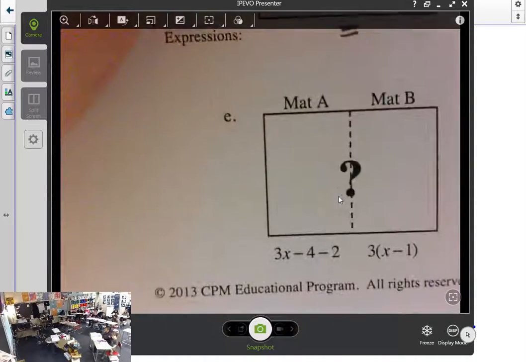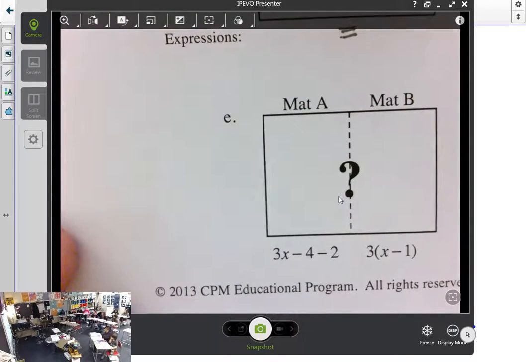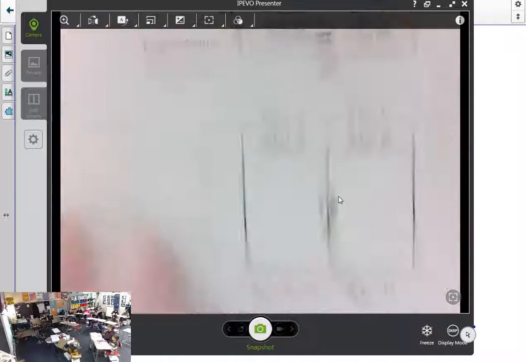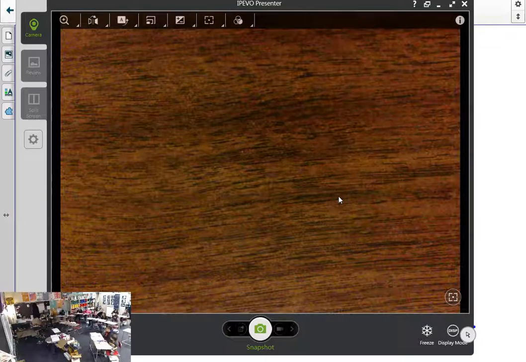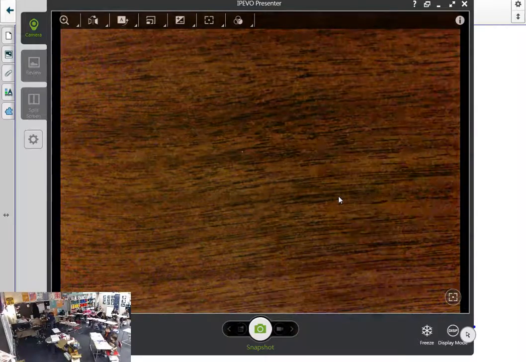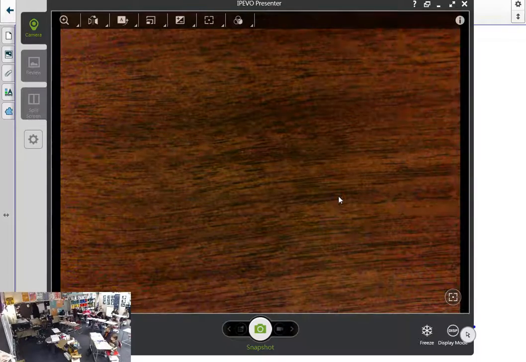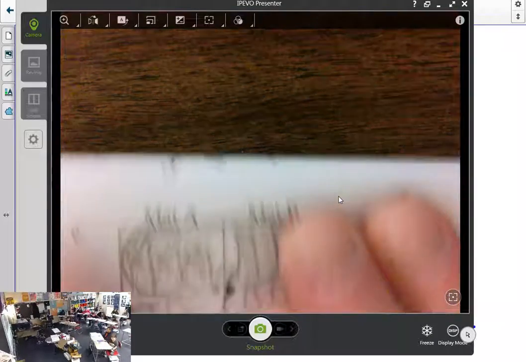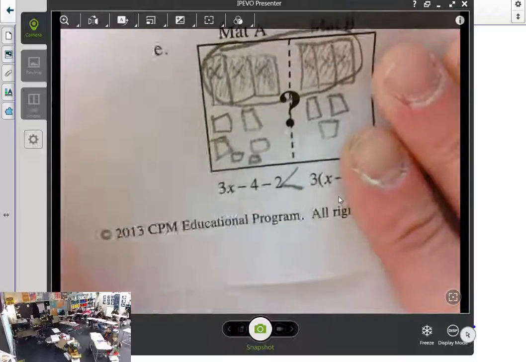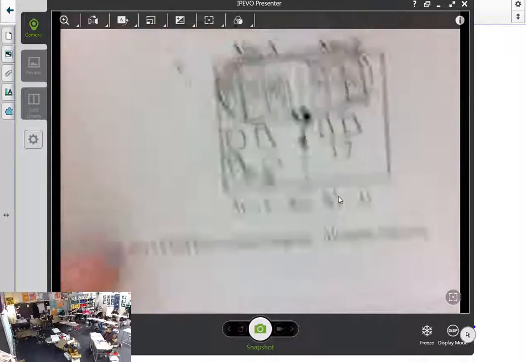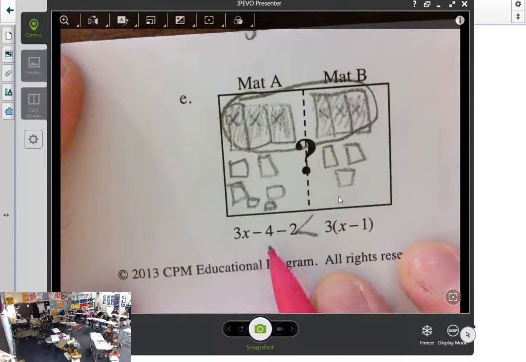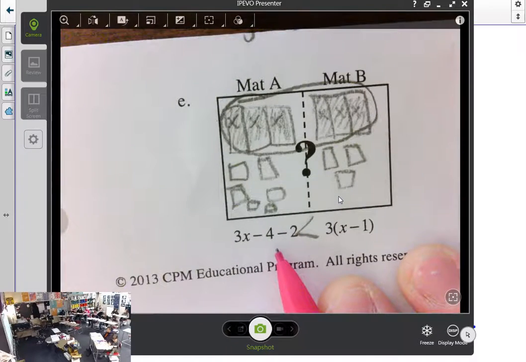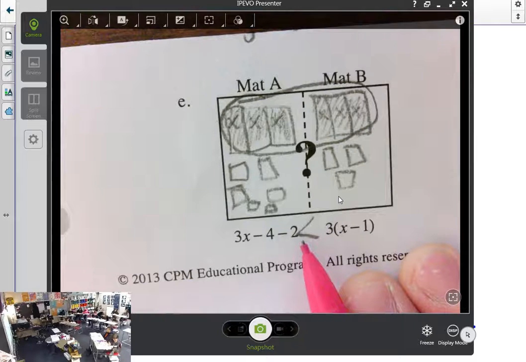In E, actually, Grant, can I have your paper? You're ahead of us. Like, it's fine. It's good. Grant was moving on pretty quickly, so I'm going to steal his paper first. So look at what Grant has done for E. E tells us you have 3 X's and -4 and -2.